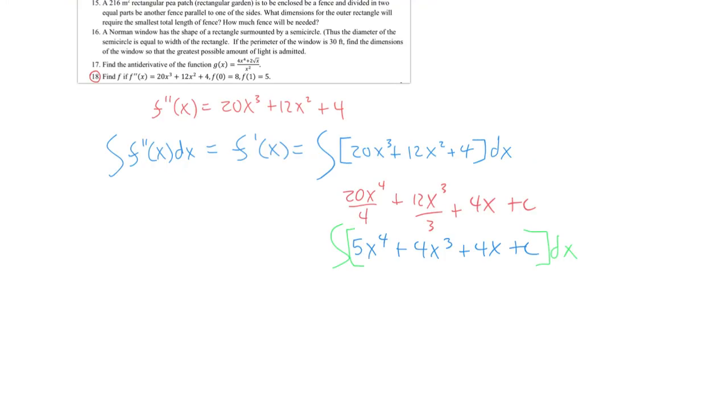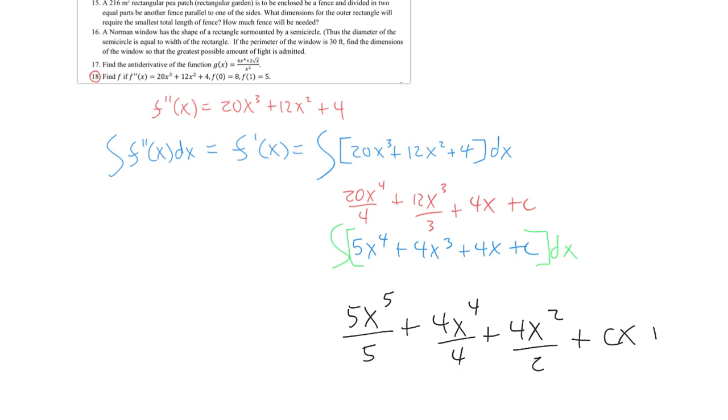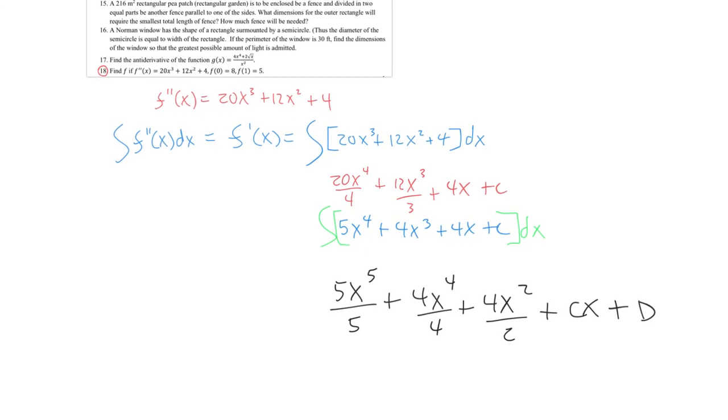So once again with the power rule, it would be 5x to the fifth this time over 5 plus 4x to the fourth over 4 plus 4x squared over 2, and then plus cx just in case, and then we could say plus d over there just in case there is a constant.